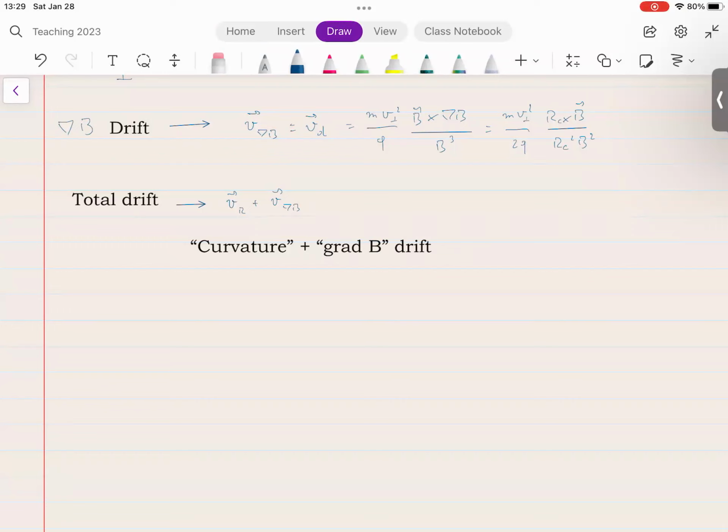All right, what does it look like? Let me write it down here. That's going to be equal to 1 over q, m v parallel squared plus 1/2 m v perp squared. And these two are in the same direction.